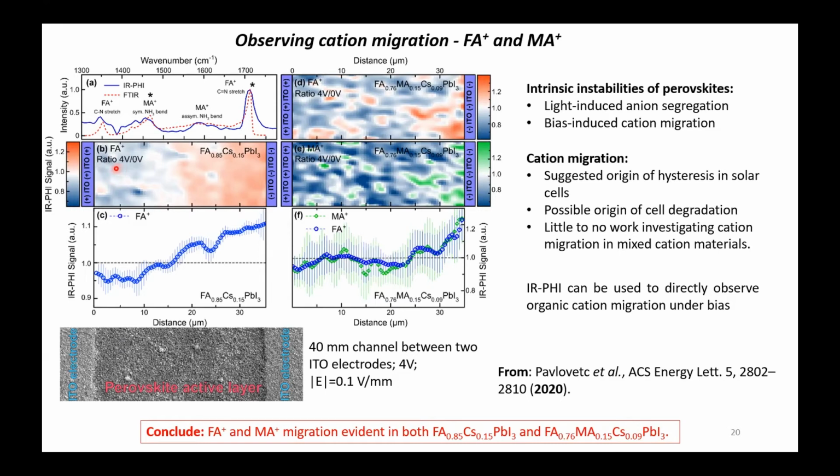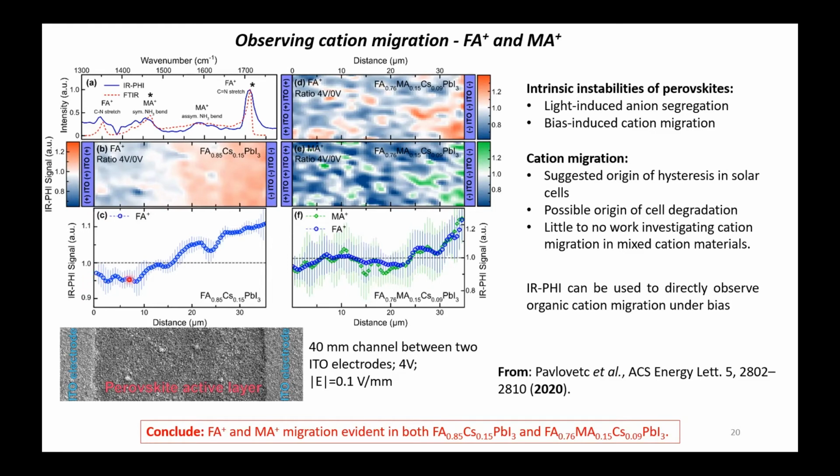By taking ratio maps from after applying voltage versus before applying voltage, we confirm that cations do indeed migrate inside solar cells. This map shows depletion of cation from the positive electrode and accumulation at the negative electrode. It's very well seen on a ratio profile.